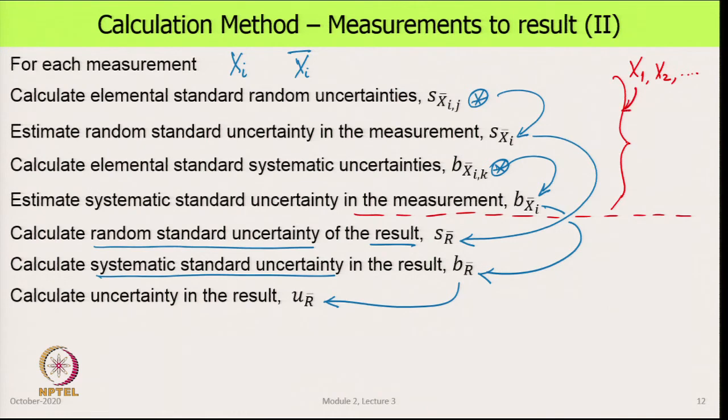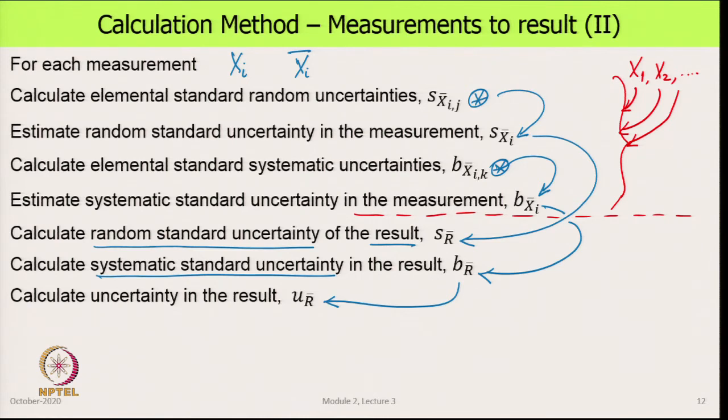So, for this we do all of this, then for x2 we do all of this, x3 we do all of this, until all the parameters have been taken care of. In a simple experiment, you may have just one parameter, you just have to do it for x1. If there are 2, you have to do it for x1 and x2.